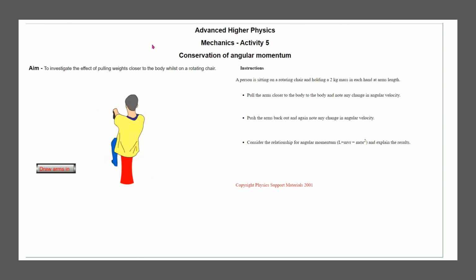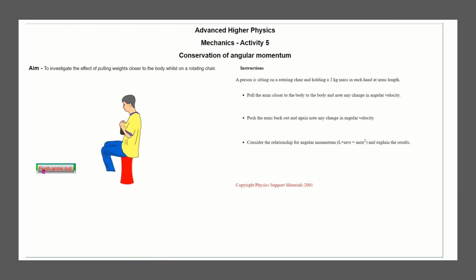Here we've got the same animation, slightly bigger. The person is sitting on a rotating chair, holding a 2 kilogram mass in each hand at arm's length. Again, you should be able to use a stopwatch and calculate the angular velocity. Going to draw the arms in.